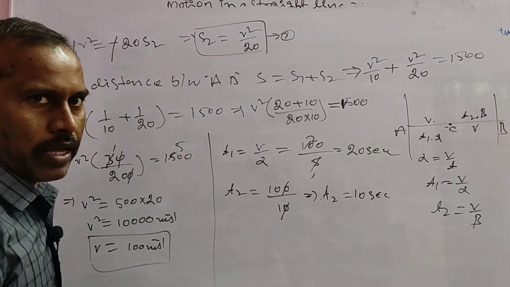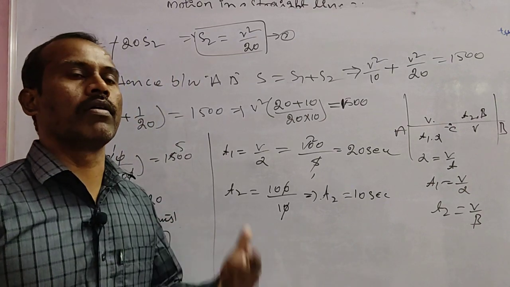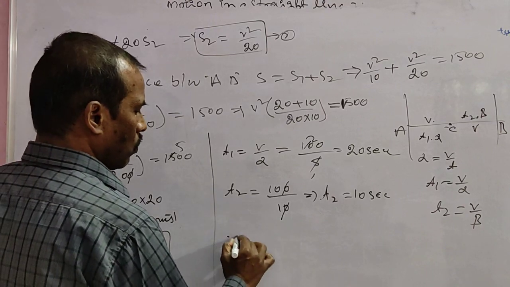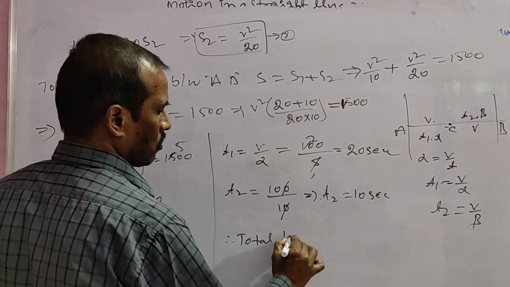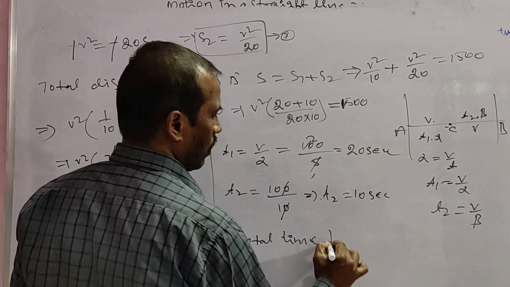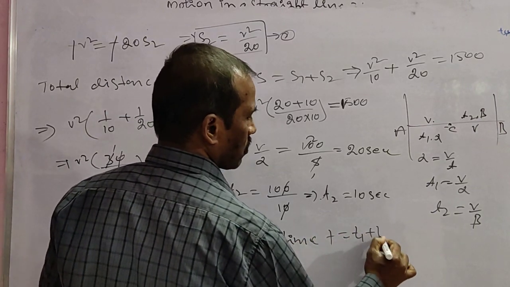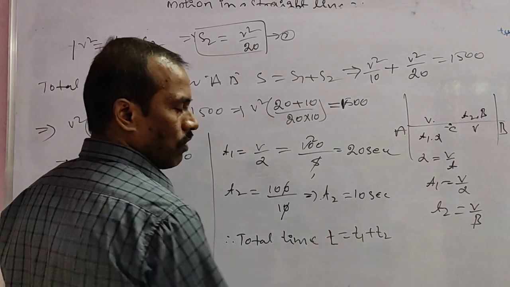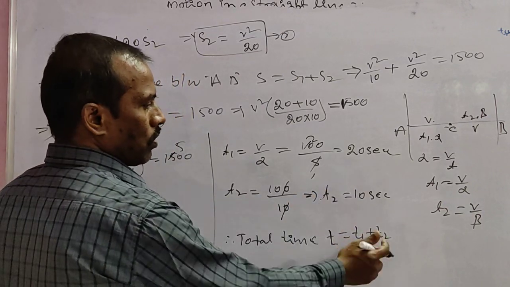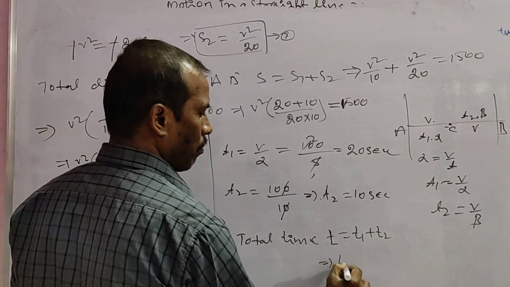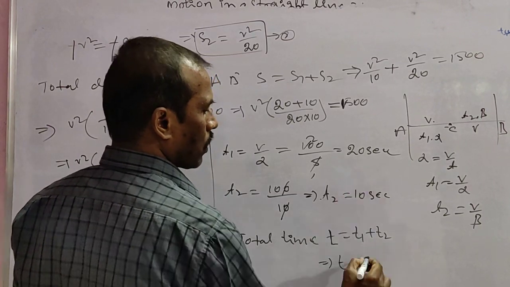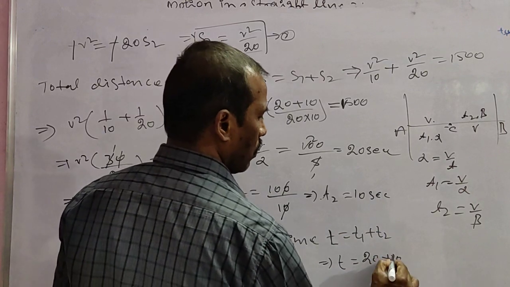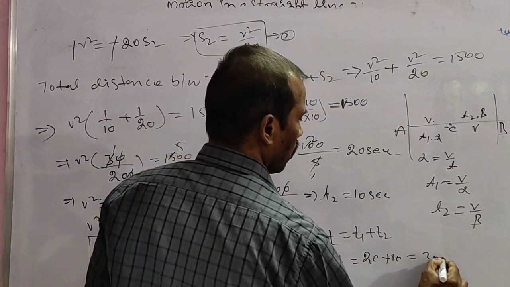The total time taken for the journey between A and B: the total time T is equal to T1 plus T2. Substituting, T1 is 20 seconds plus T2, 10 seconds, that is equal to 30 seconds.